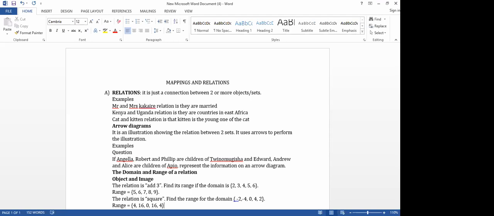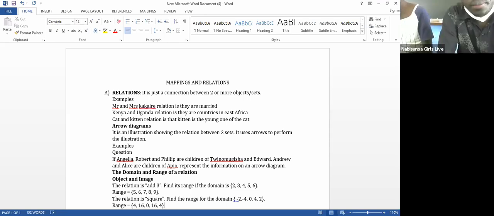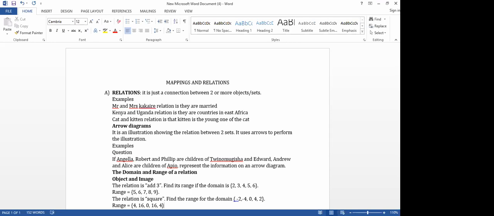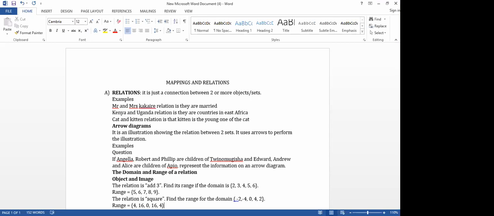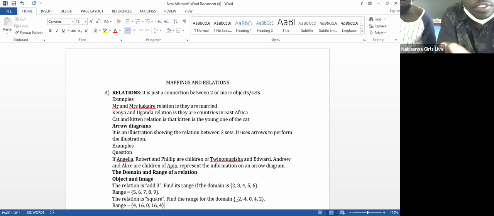Okay. Now there are concerns here. Mina, go ahead. Excuse me, teacher, I don't understand. Mina, your voice is low. Teacher, I don't understand the last number. The relation is square, the relation which is saying square.